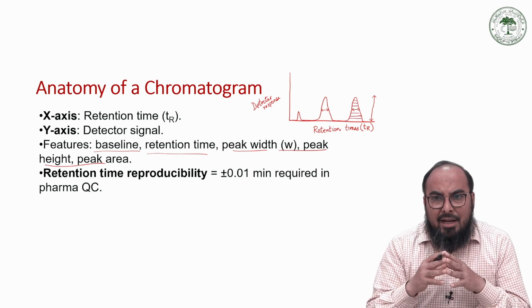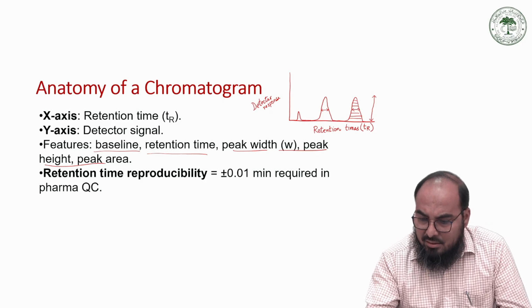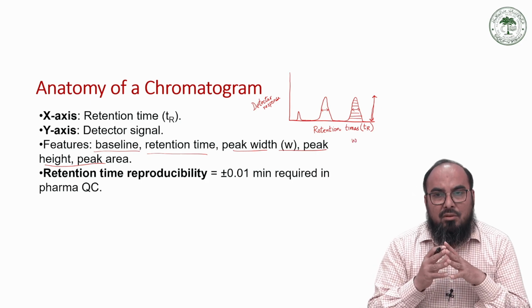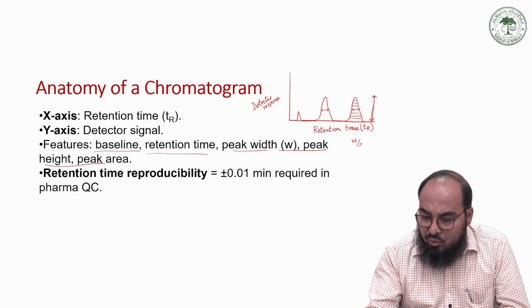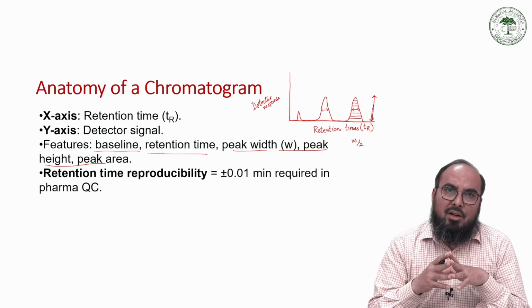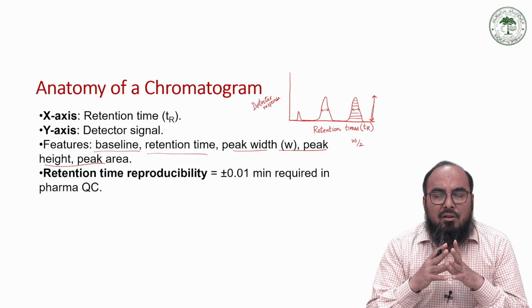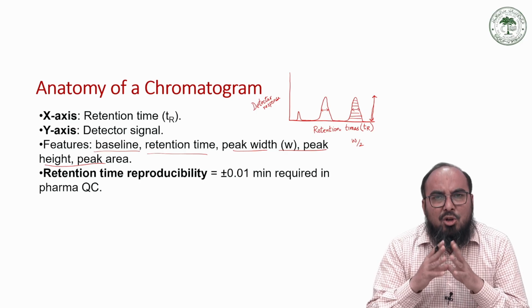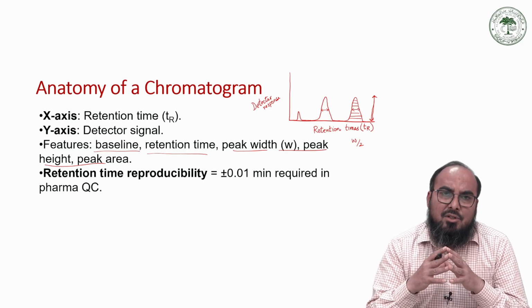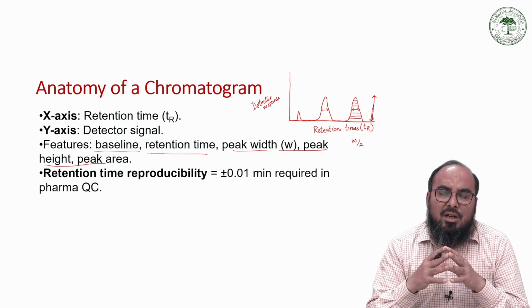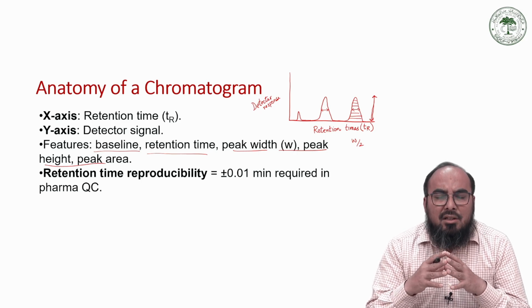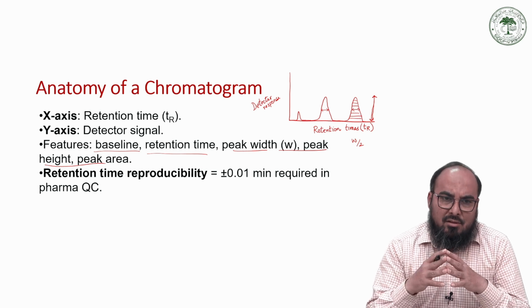The peak height is this, and the peak width is sometimes called W. Sometimes we take half of W. These factors are very important, because we have also seen while working with elution chromatography that these are the terms we use while predicting the efficiency of any column in advance.